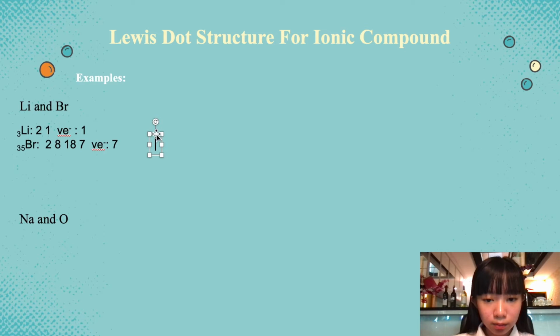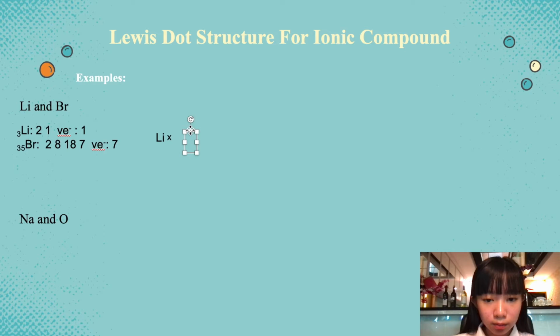We will first start with lithium. This time I will be using a cross instead of a dot to represent the Lewis dot structure for lithium. Lithium has a valence electron of 1, so there is only one cross for lithium.